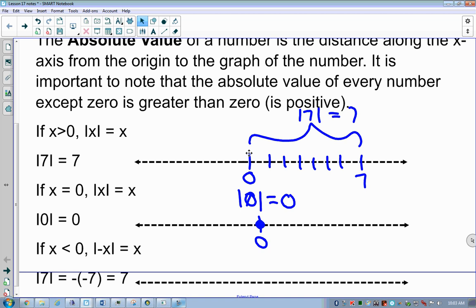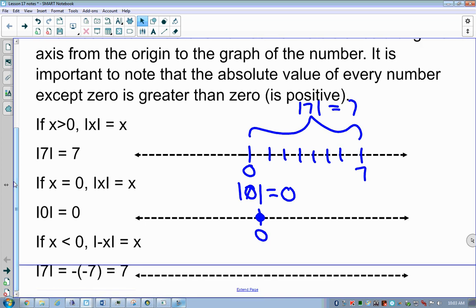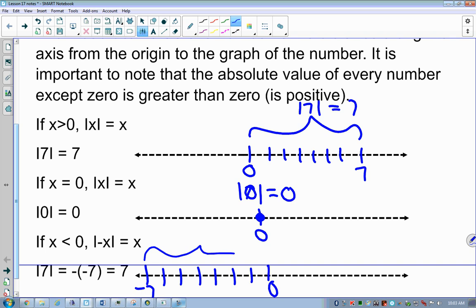Okay, and if we go on to the negative side, we've got 0 right here, negative 1, negative 2, negative 3, negative 4, negative 5, negative 6, negative 7. The distance, the absolute value of negative 7, is 7. And I think it's a little confusing how they put that, because they have a negative in parentheses, negative 7 close parentheses equals 7.